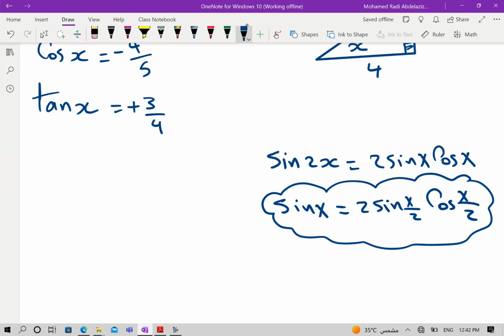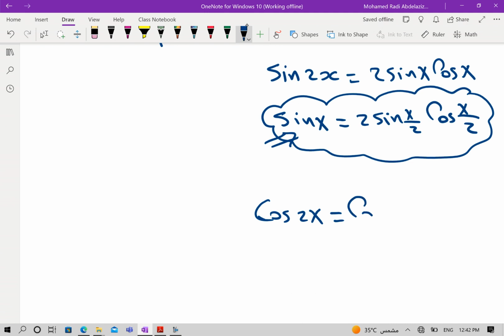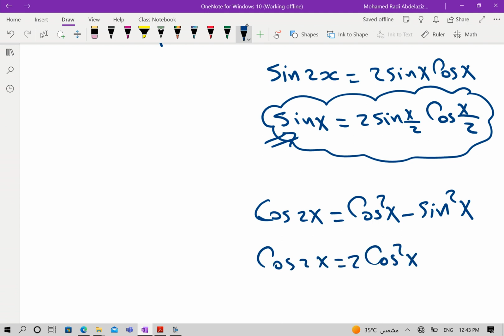We have x and x over 2. Leave sine x; go to cosine 2x. We have 3 forms: cosine squared x minus sine squared x, 2 cosine squared x minus 1, and 1 minus 2 sine squared x.